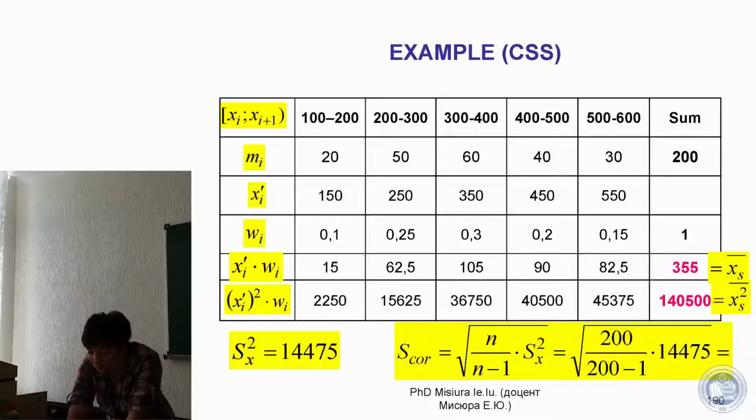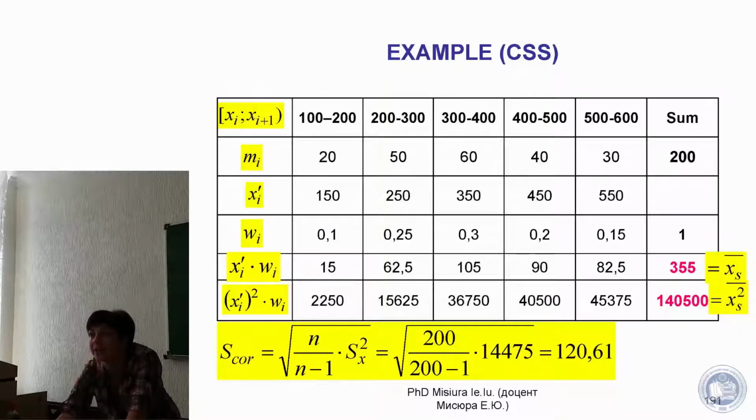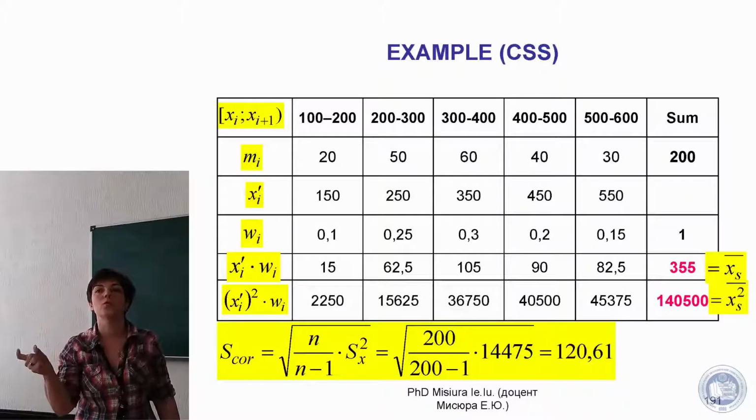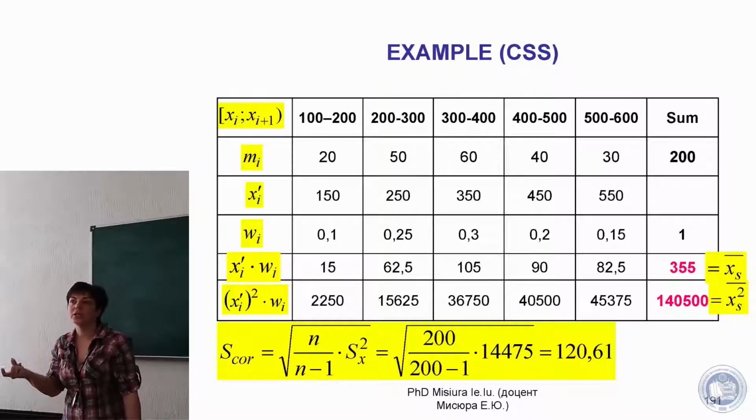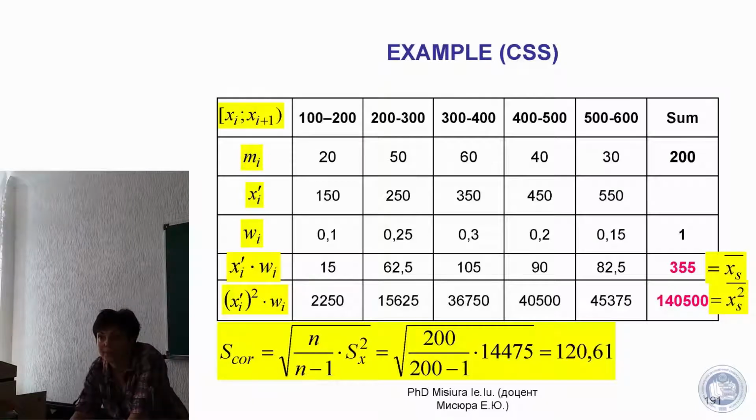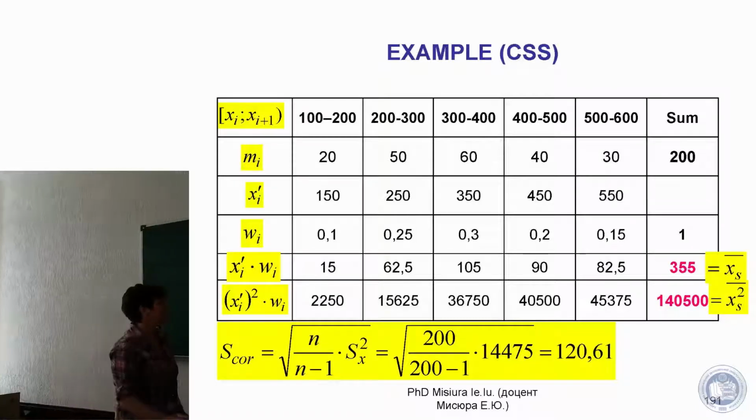Okay, let's substitute and get, please look at this slide, 200 divided by 200 minus 1 times 14475. Please remember, the first step will be the difference between 200 and 1. You can get 199. Let's take 200 and divide by 199 and multiply by this variance. And this result approximately equals 120.61. Let's copy out this value.